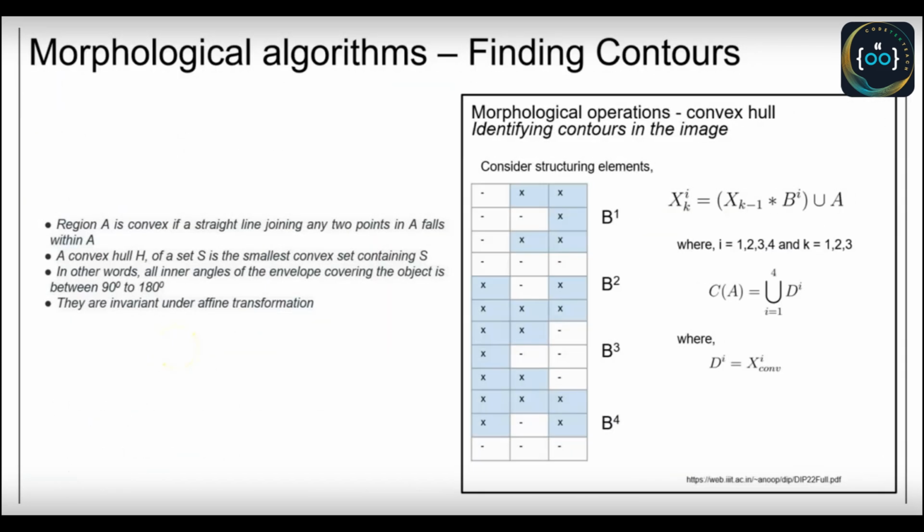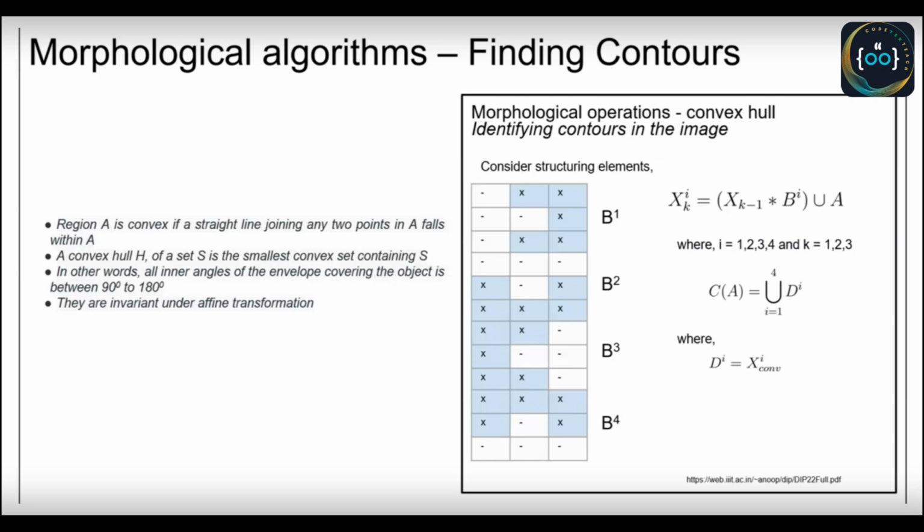We are going to look at 2 morphological operations in this session: finding contours and convex hull operation. Finding contours in an image is a common task in image processing and computer vision. While this is not exactly a morphological operation, the process often involves morphological operations as a pre-processing step to improve the accuracy of the contour detection.